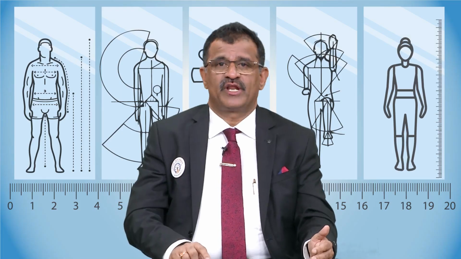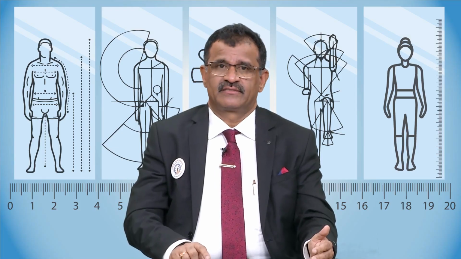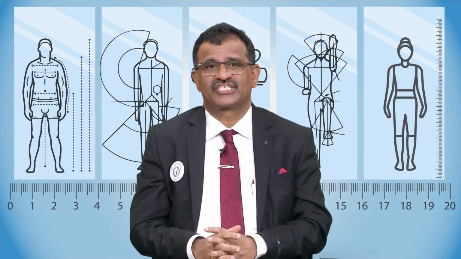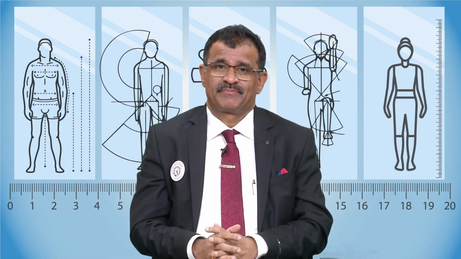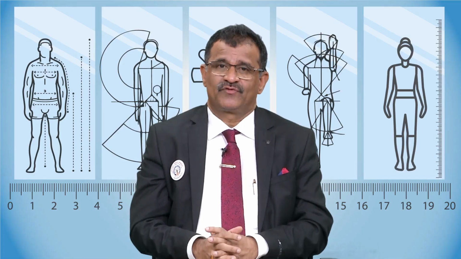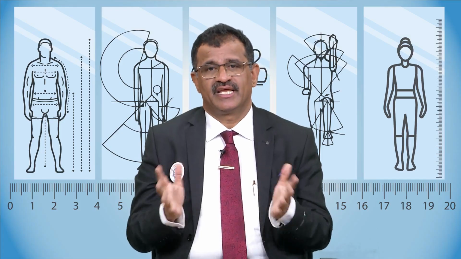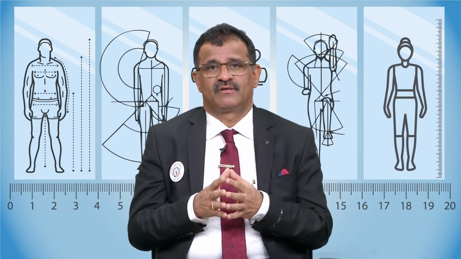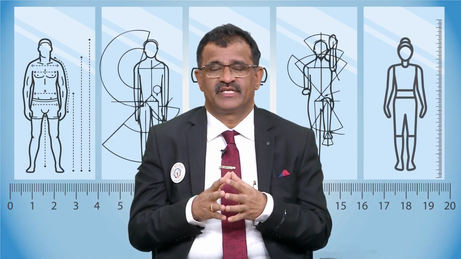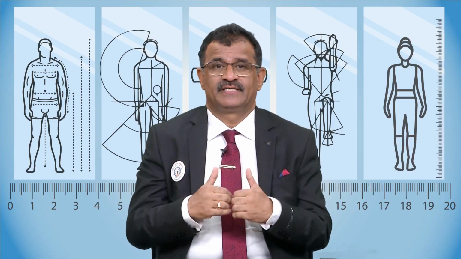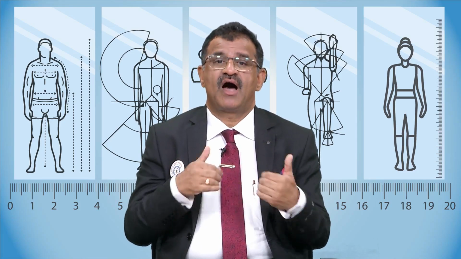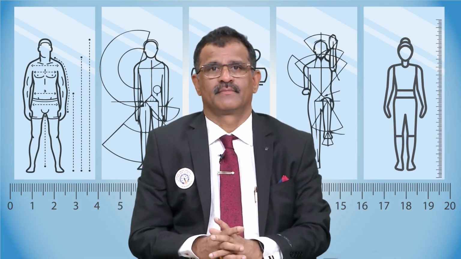We will see body mass index in the next session, and we have to conclude now session A, which was based on the basics of anthropometry and especially nutrition and the effects of malnutrition.